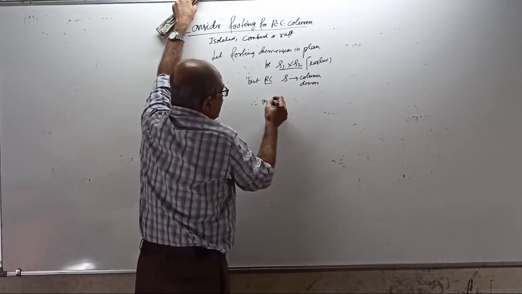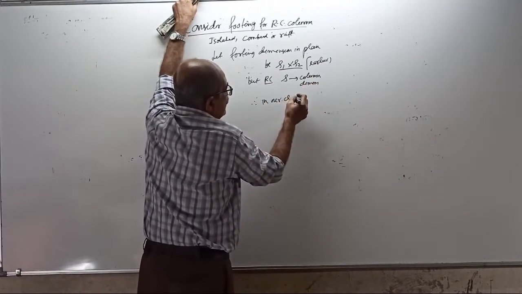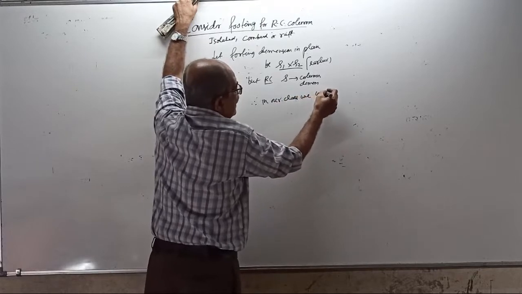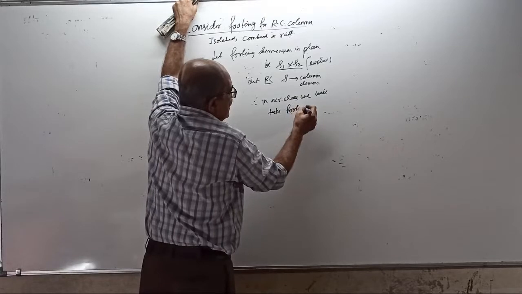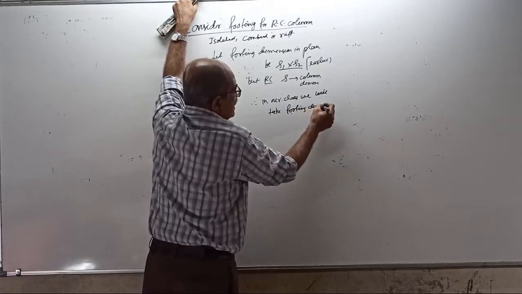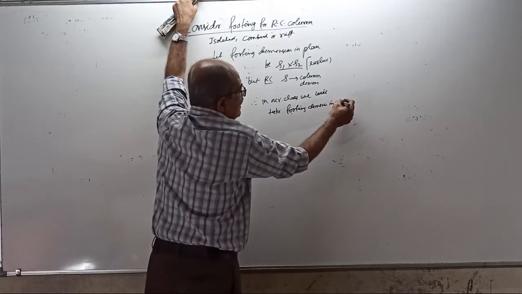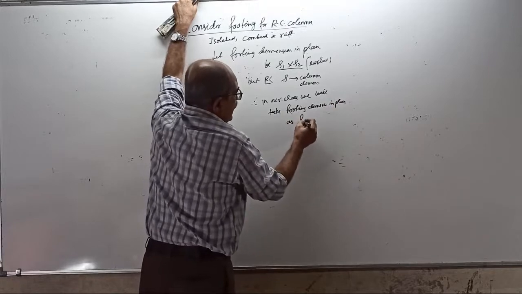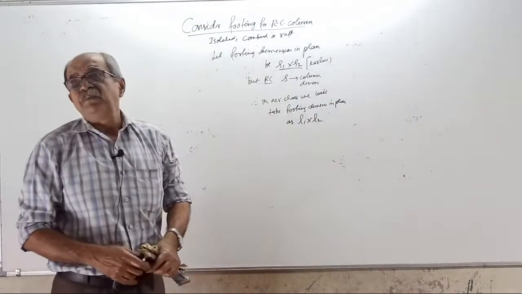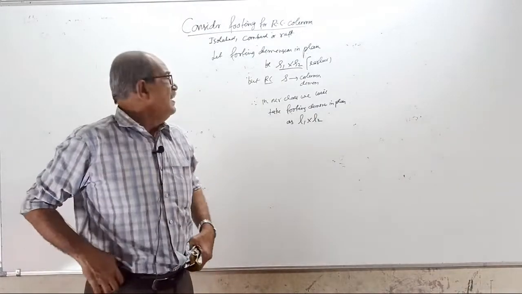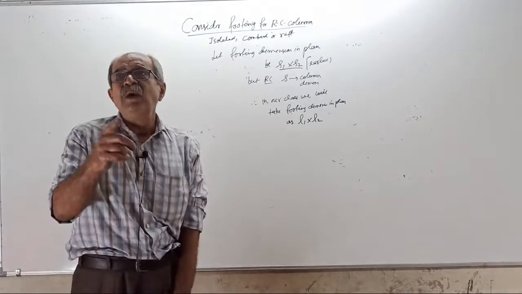Therefore, in our class, we will take footing dimension in plan as L1 by L2. Remember, in RCC, S1 by S2 is for column cross section. This is a footing, so I will take L1 by L2.